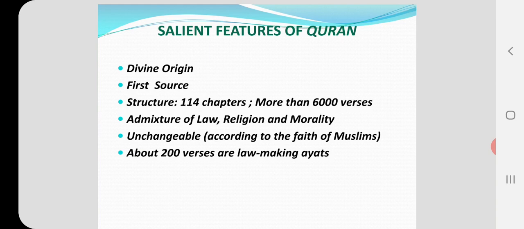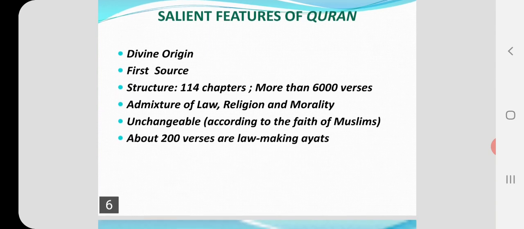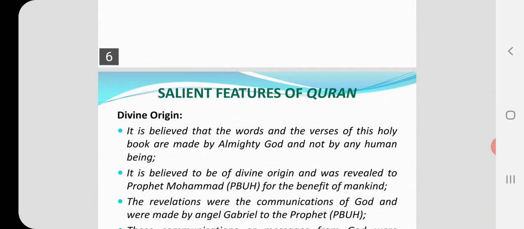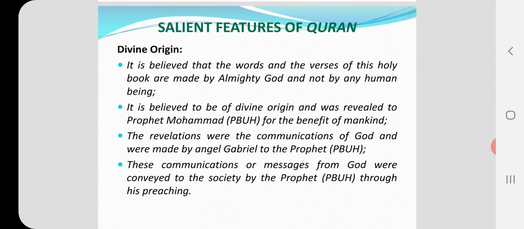And the last one is that not the entire book is a source of law, but only about 200 verses are considered to be law-making verses or ayats. Now, let us try to understand one by one what these salient features mean.